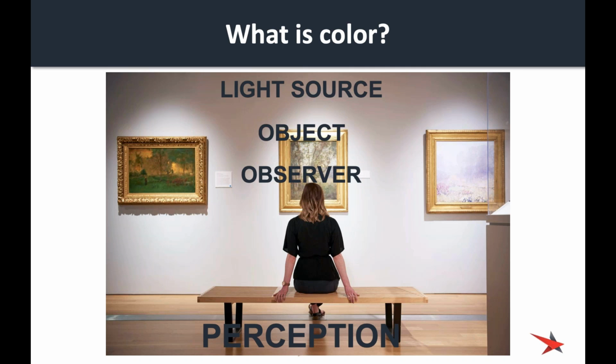That means color is not fixed, and it's not absolute, but instead it varies with all of these main elements: the light source, the object, the eye, and human perception. We're going to go back to that topic several times in the course of this webinar, so keep that in your mind. It's not a thing, it is an experience.